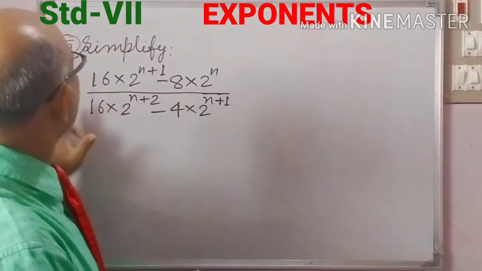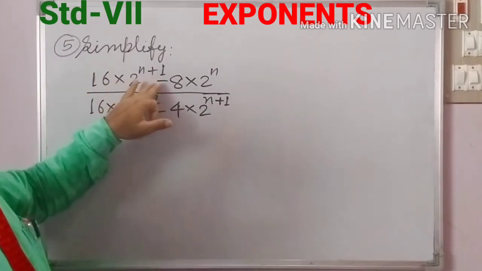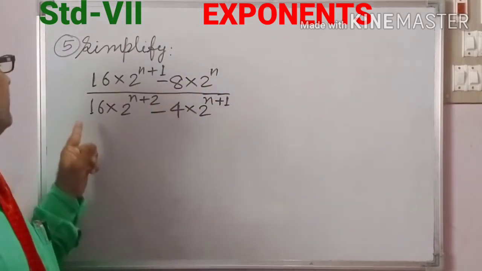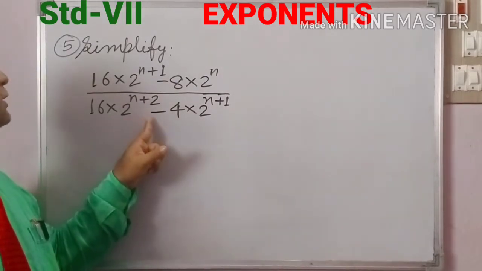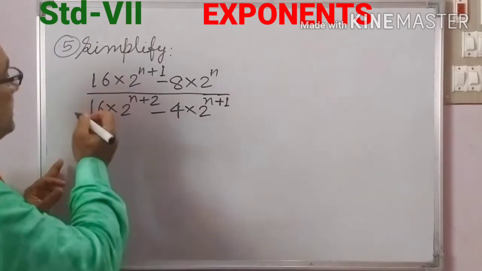Simplify (16 into 2^(n+1) minus 8 into 2^n) divided by (16 into 2^(n+2) minus 4 into 2^(n+1)). Simplify it.